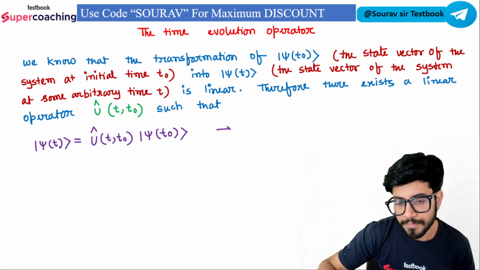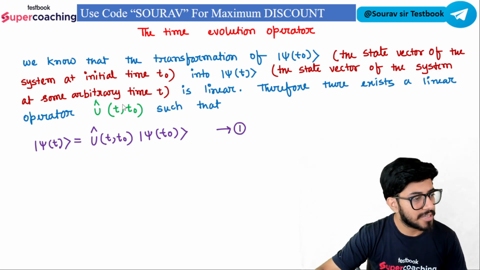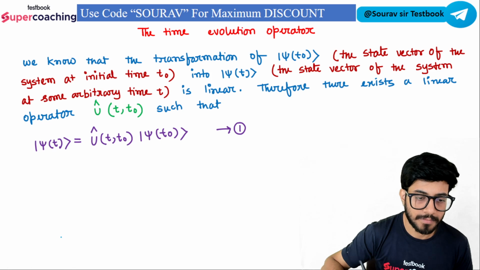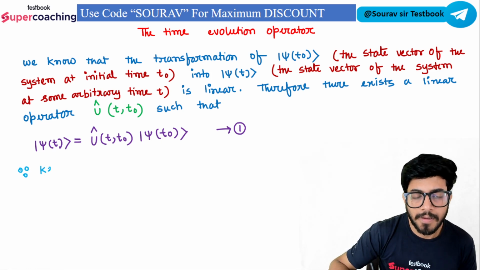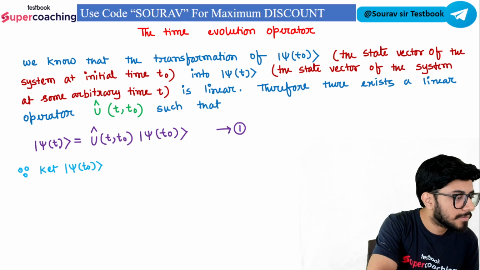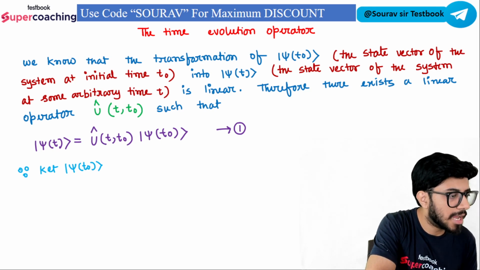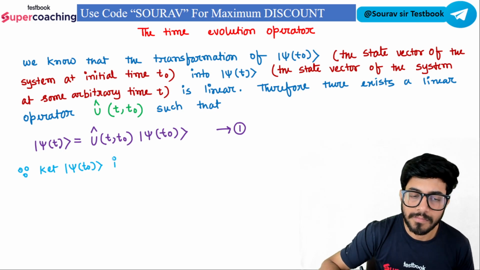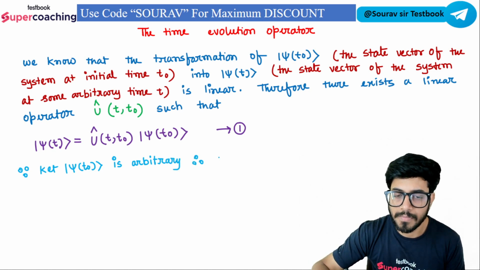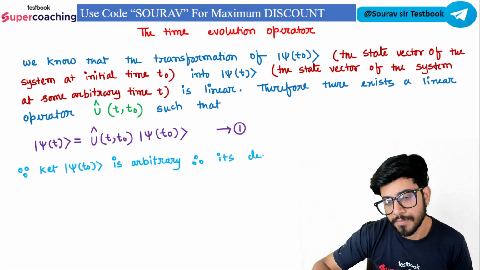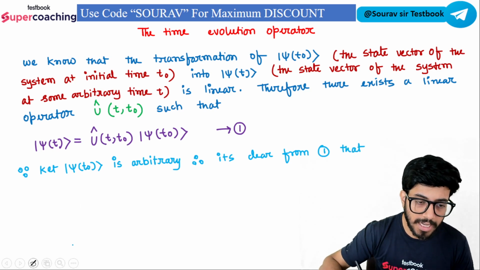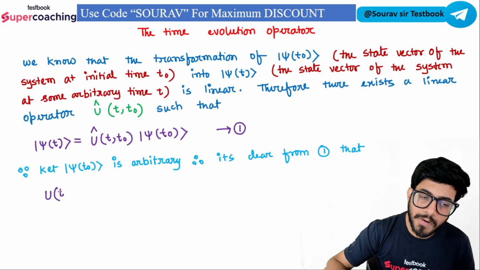So this is equation number 1. Just because the state psi of t0 is arbitrary, it's clear from 1 that I can very well write u of t0 comma t0.